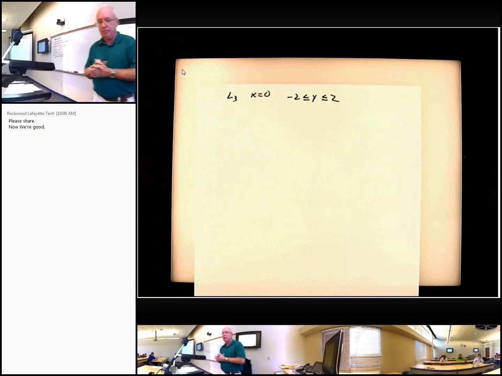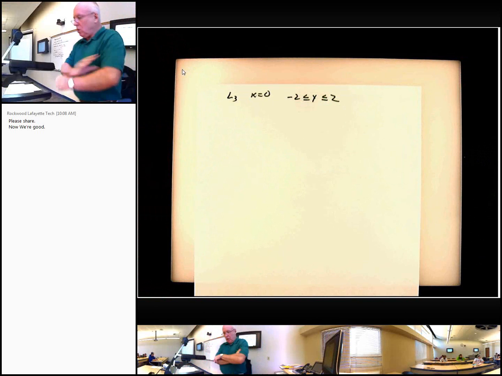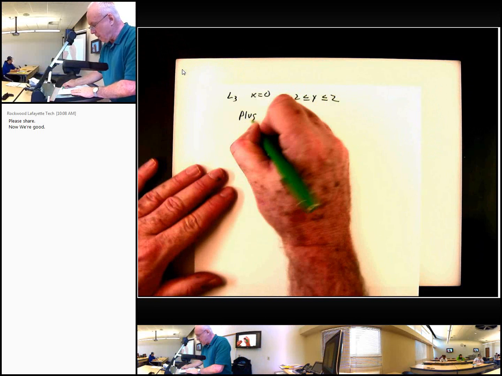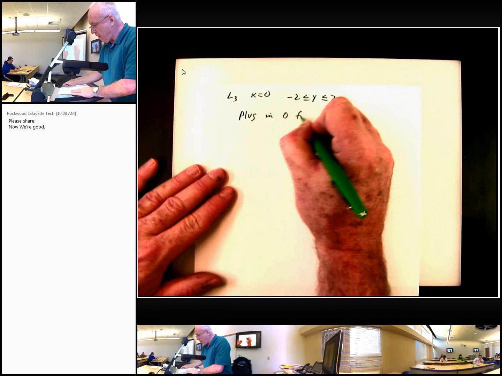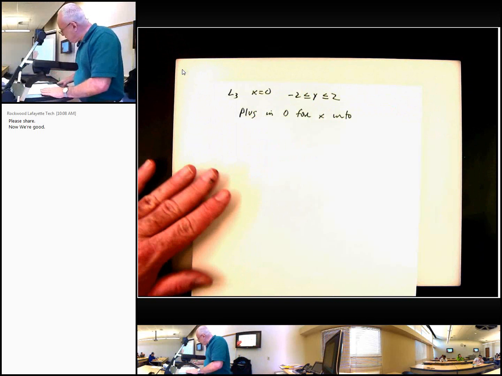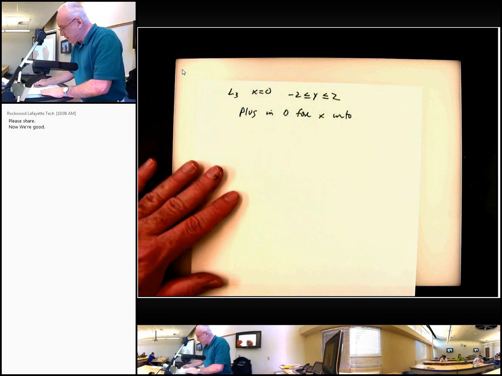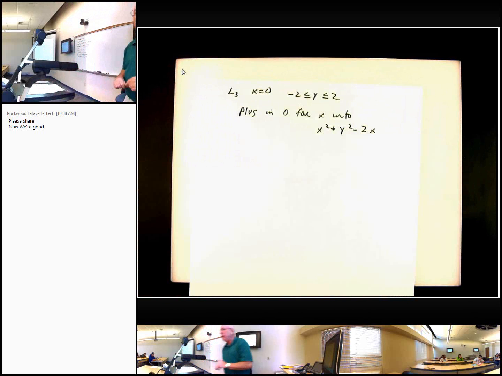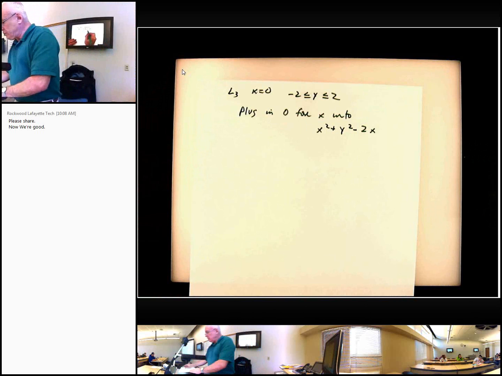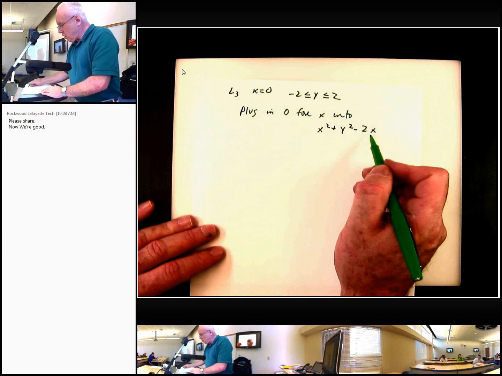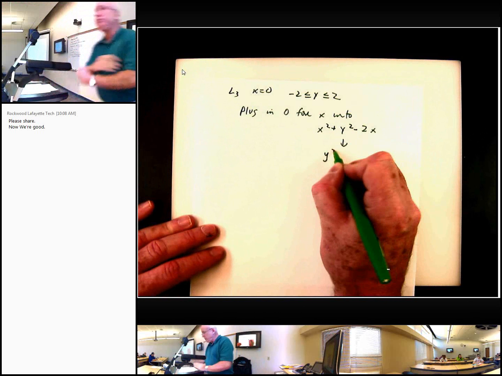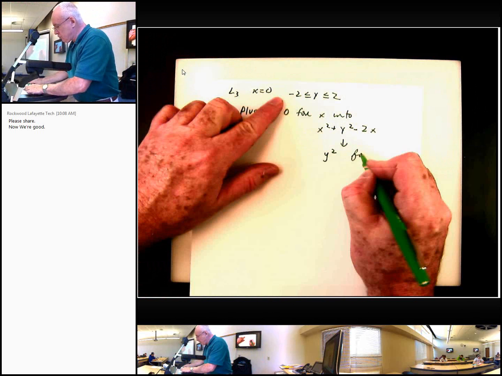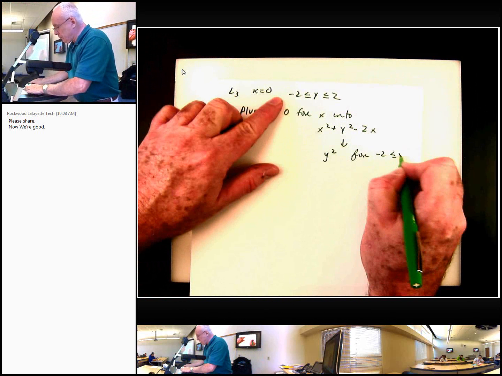That's our L3. So let's then plug in 0 for x into our original function, x squared plus y squared minus 2x, and we'll get a new function. That'll be 0, that'll be 0, so all we get then is y squared, for -2 less than or equal to y less than or equal to 2.